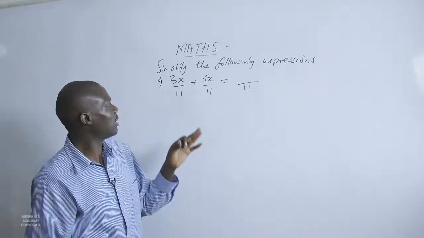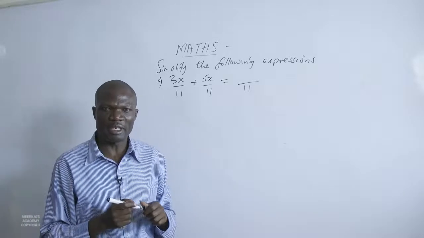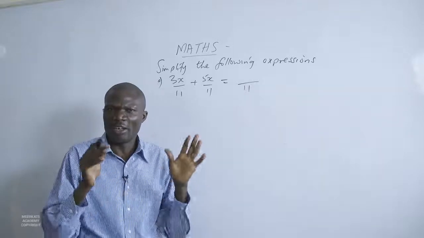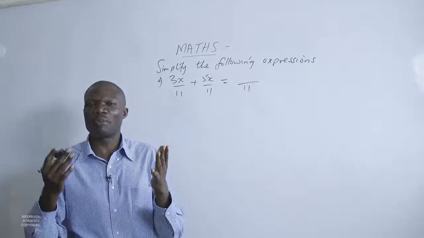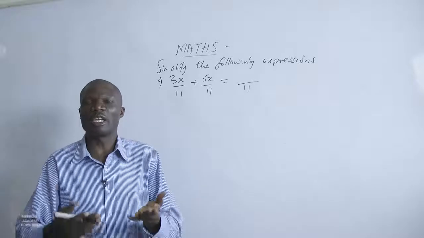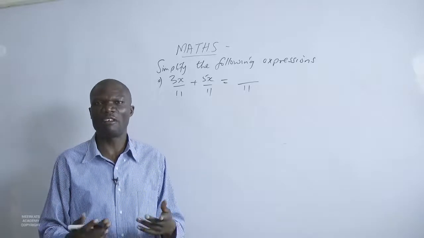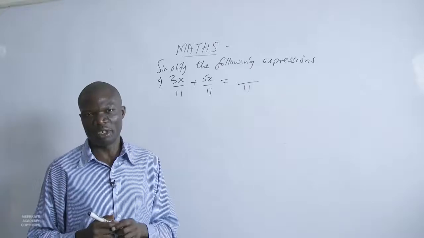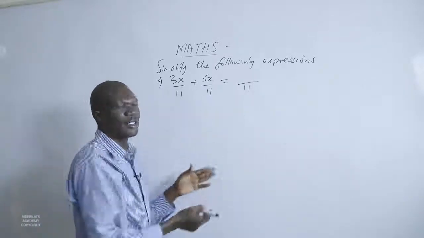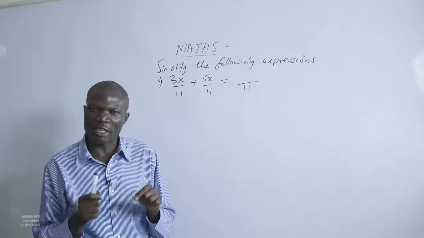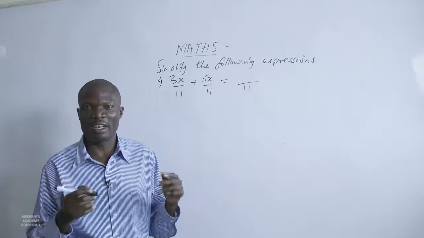11. And then now look at the numerators and ask again, do they represent like terms? Do they carry the pronumerals which are the same? If they have powers, the powers are the same. If they are like, we go ahead and add. 3x and 5x both have x as their pronumeral, which means they are like terms.